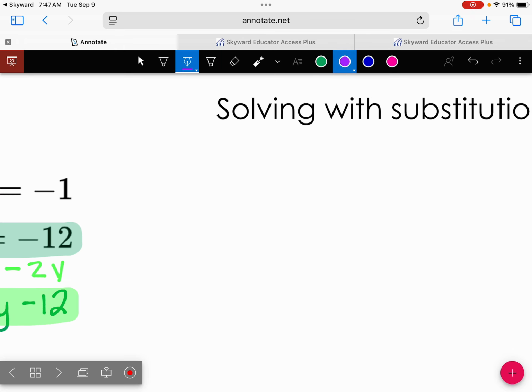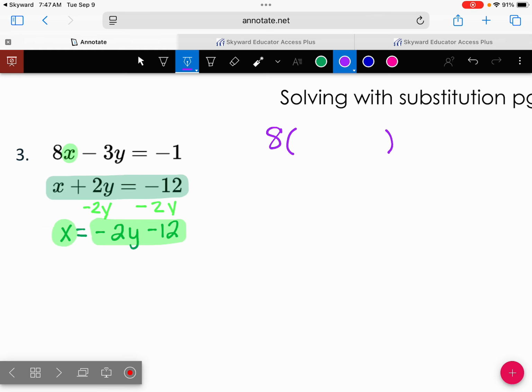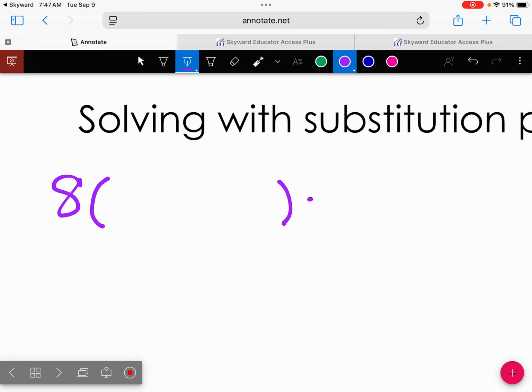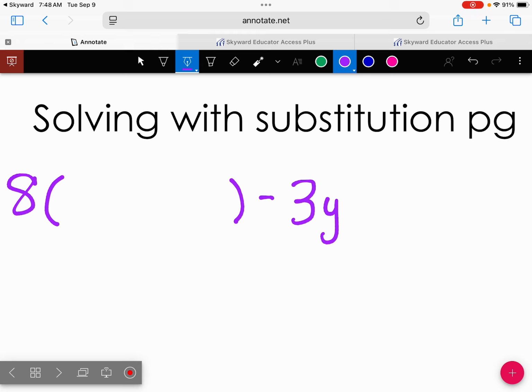So we would typically have our 8x, that's 8 times something. That x is what we're replacing, so I'm just going to put a set of parentheses there. 8x minus our 3y equals negative 1.